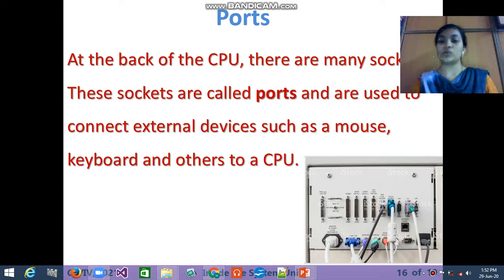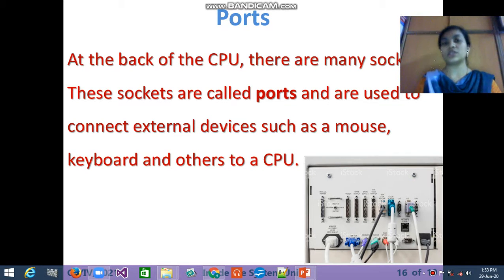Okay, so the ports are important, and the ports' work is to connect the CPU to the other parts. CPU is the brain of the computer. Without CPU we cannot work. So in the CPU there are different ports, and these ports work as a connection to other devices like a monitor, keyboard, mouse, printer, projector, speakers, like that.